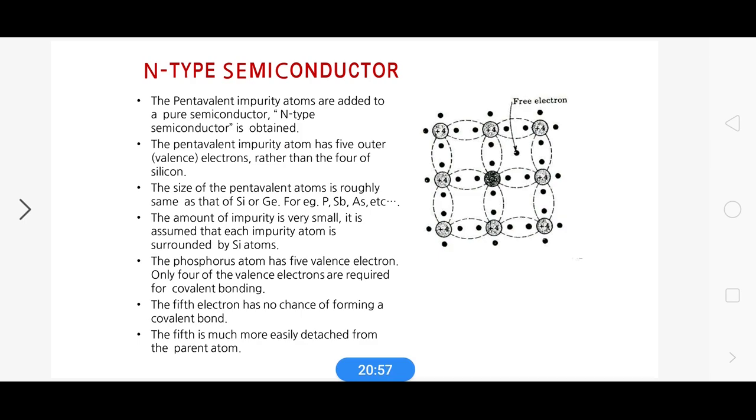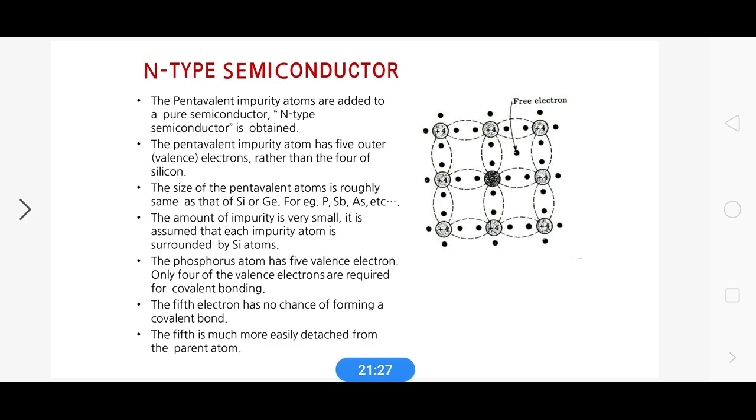As the amount of impurity is very small, one for 10 power 6 to 10 power 10 atoms, it is assumed that each impurity atom is surrounded by silicon atoms.